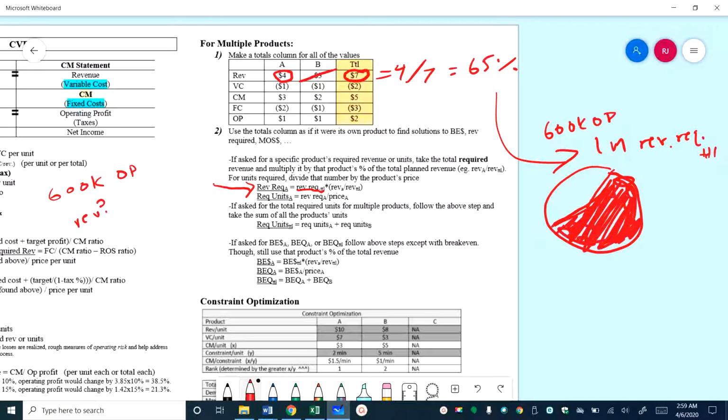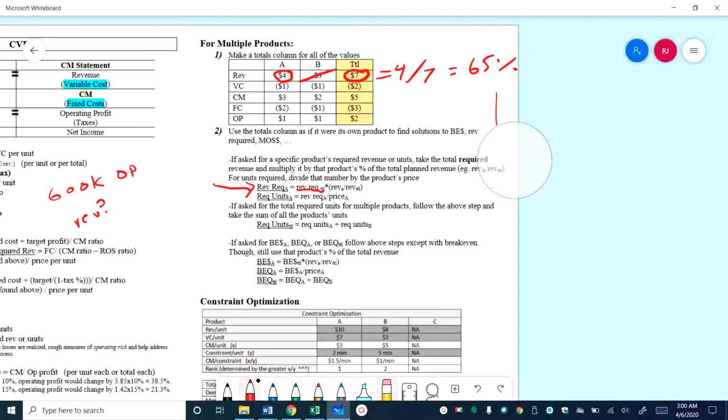So the equation for that would just be required revenue for A equals the revenue required in total multiplied times the revenue of A divided by the total revenue. Remember, revenue and required revenue are kind of different in this sense. Now, if it asks you for the required units for A, you would simply take what you found above divided by the price per unit of A. Now, it gets a little tricky again if it asks you for the total number of units required to hit that target profit.